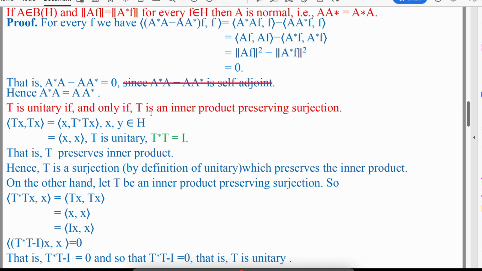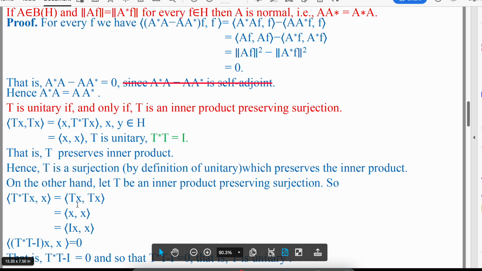Now we prove the converse part. Suppose T is an inner product preserving surjection. Now we have to show that T is unitary. It means the inner product of T star Tx with x is equal to the inner product of Tx with Tx.